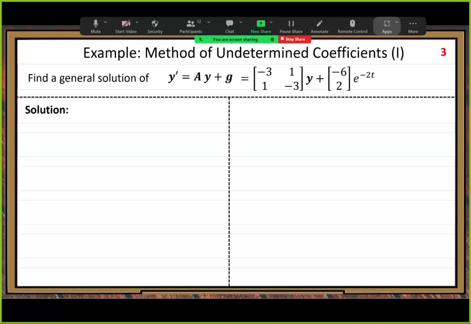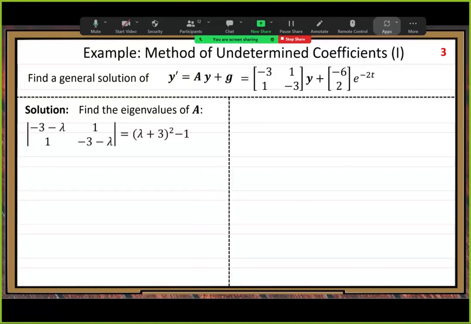Let's solve it in that way. For the homogeneous part, we start with this eigenvalue problem. Find the eigenvalues of A. We calculate the determinant. Very simple. After factorization, we get two eigenvalues, -2 and -4.